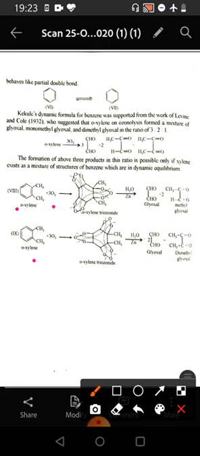When it is in this state, it forms glyoxal and methyl glyoxal, and when it is in this state, it forms two molecules of glyoxal and one molecule of dimethyl glyoxal, in all giving a mixture of three molecules of glyoxal, two molecules of methyl glyoxal and one molecule of dimethyl glyoxal.